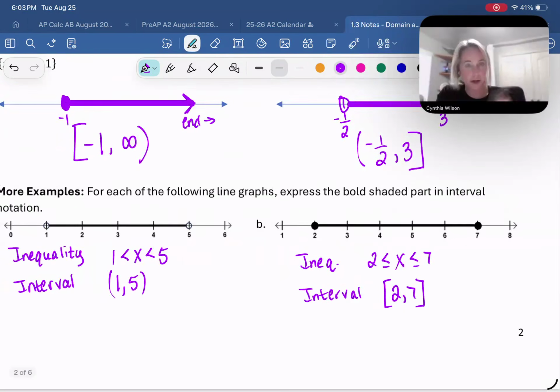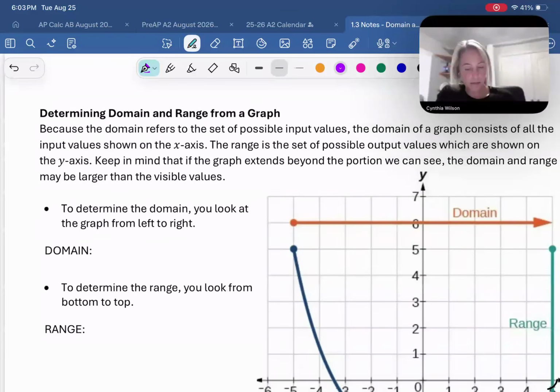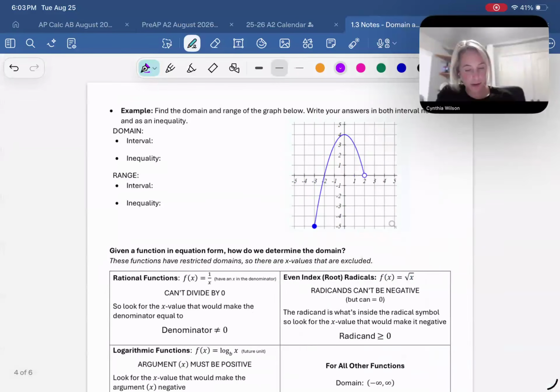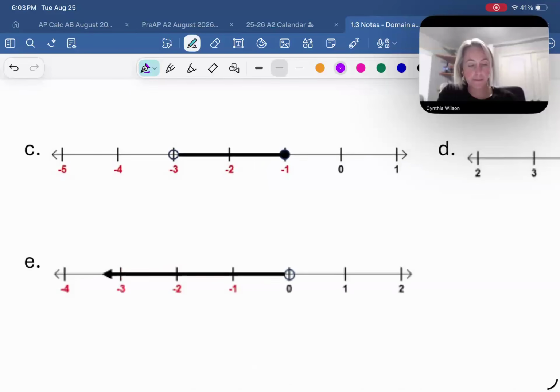Let's flip the page. Making sure we're going to get done in time. I'm pretty sure we will. Okay, got a couple more examples here. I can see -3, I can see -1 here.